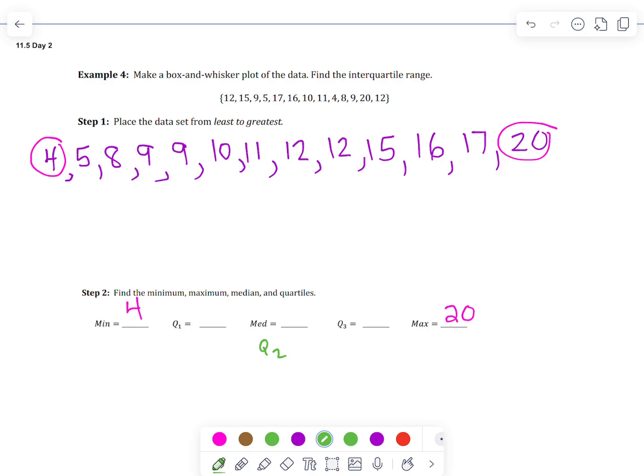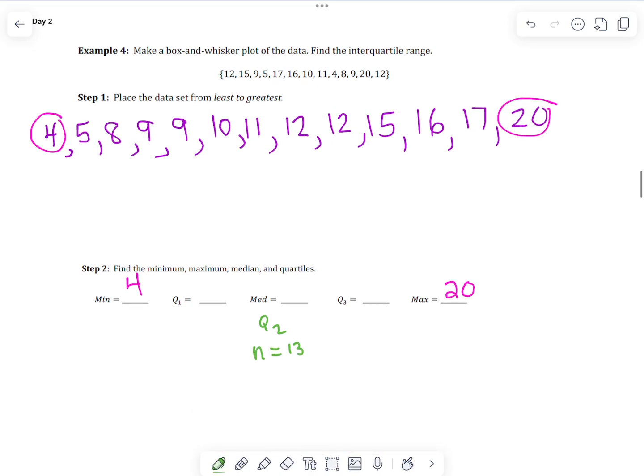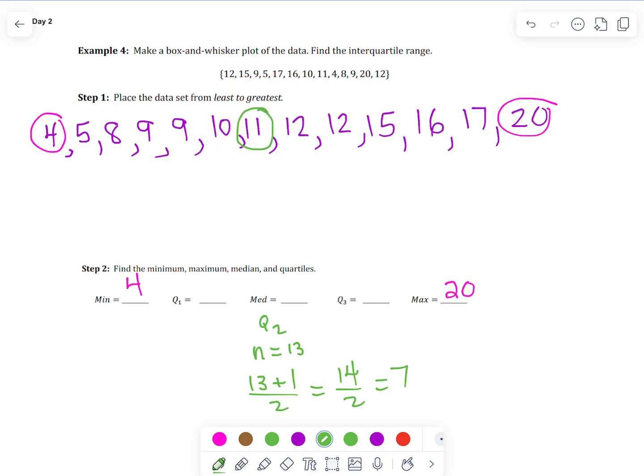So we add up how many data points there are. There are 13 data points. So we take 13 plus 1 divided by 2. So 14 divided by 2 is 7. So we're going to go to the 7th data entry, which is right here, and we call that Q2. And then we want to find the upper and lower quartile.